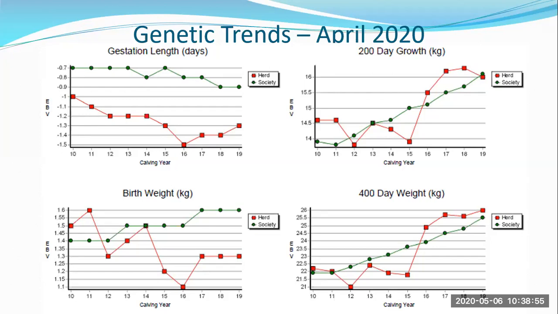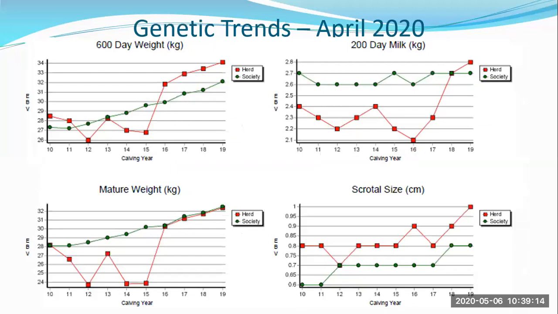We will have to look at the next generation of sires, how we can change that. But we've seen with the battery which we've chosen in January, I'm sure we will force that graph up again. The 400-day weight is above average. Just carry on, Ilan. The 600-day weight is above average. Bottom left corner, mature cow weight, we are on average.